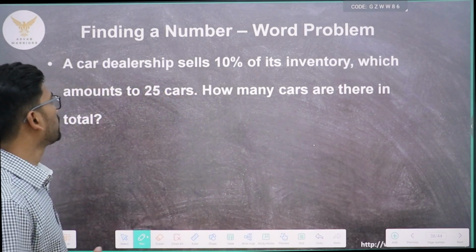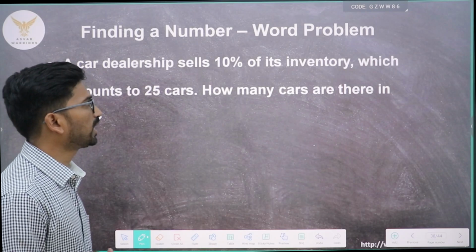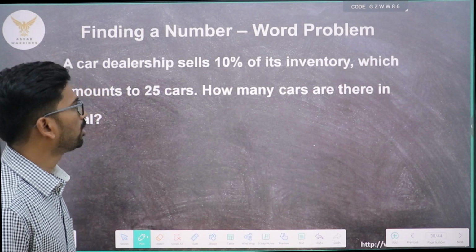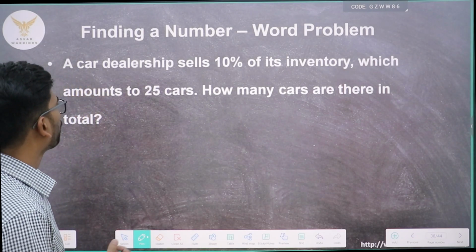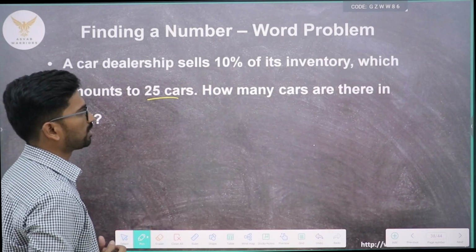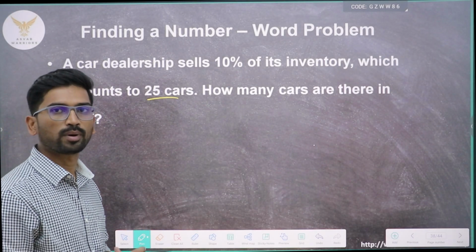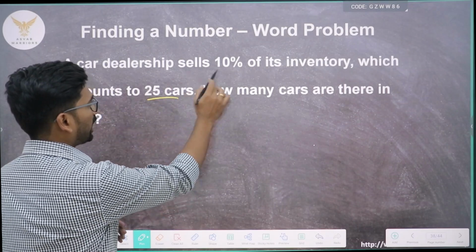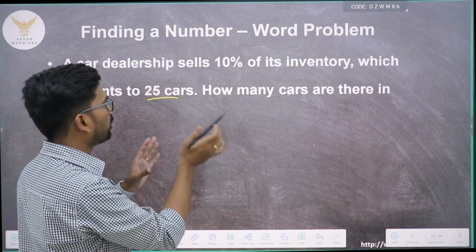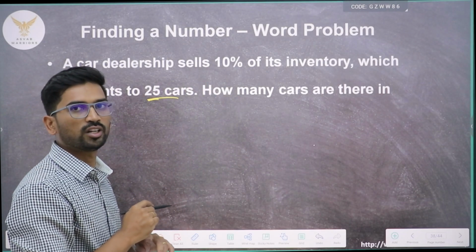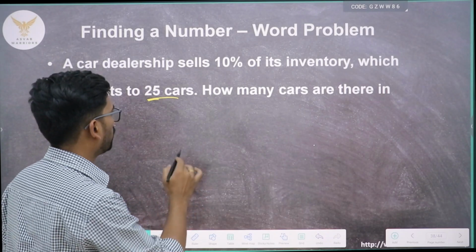Our next question says, a car dealership sells 10% of its inventory, which amounts to 25 cars. How many cars are there in total? Again, this is a question of part and whole. So 10% of the whole inventory is 25. We need to calculate the whole.